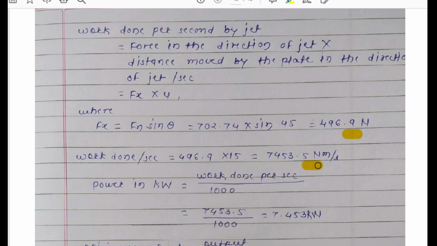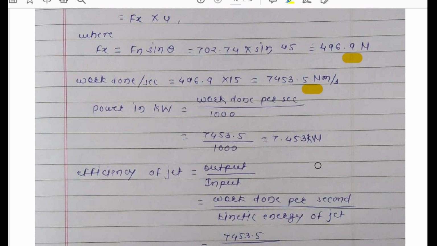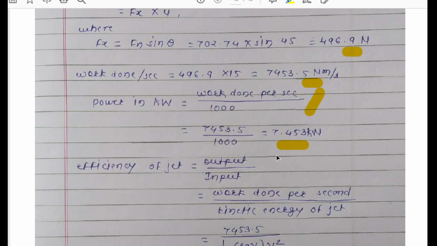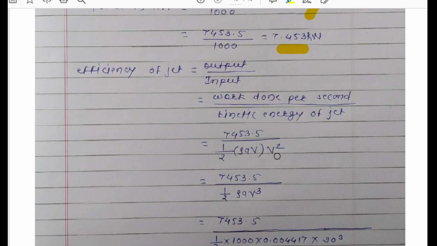Now power is work done upon 1000. This is your familiar formula, that means power in kilowatt will be work done per second upon 1000. Efficiency is also a usual formula: efficiency is nothing but your output over the input you have given to the machine.